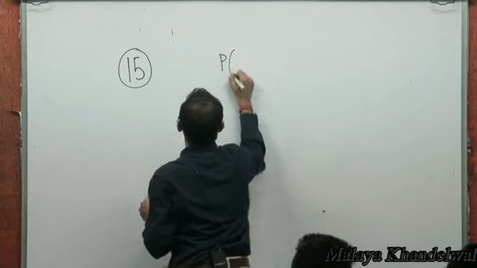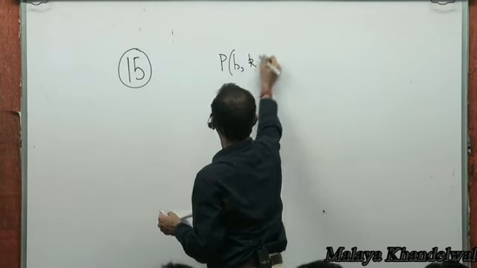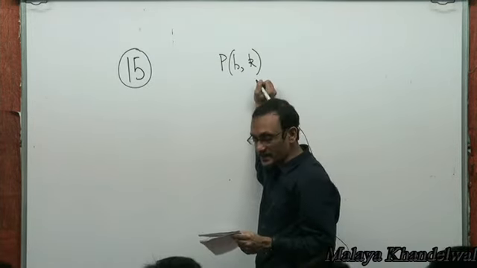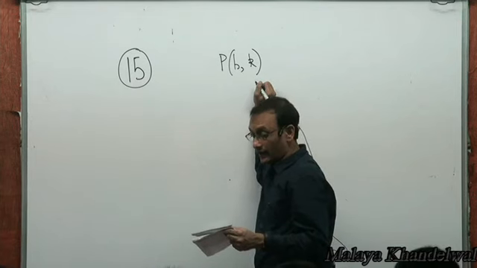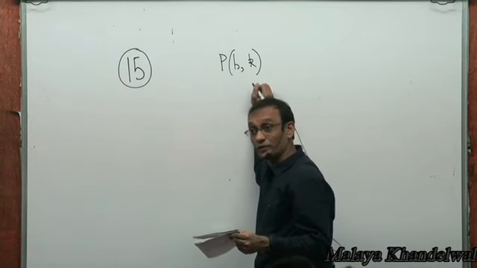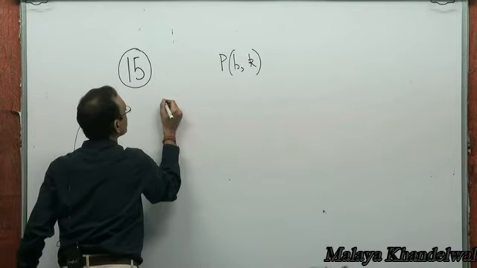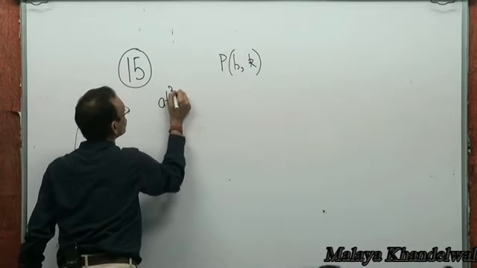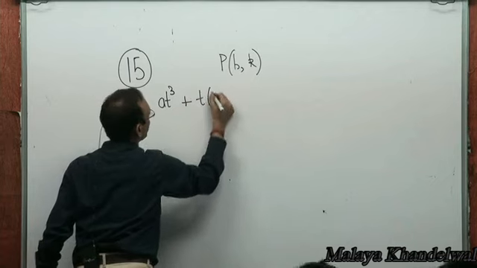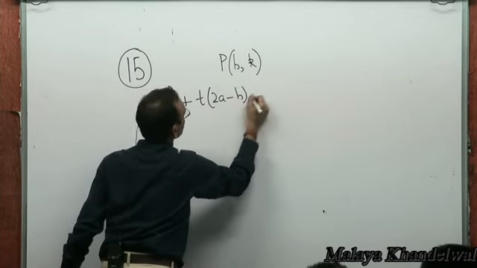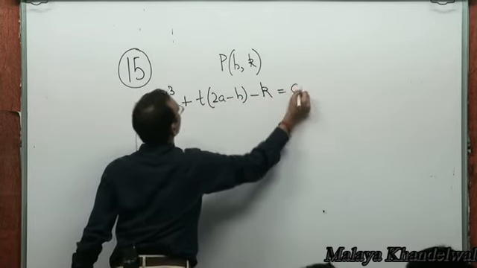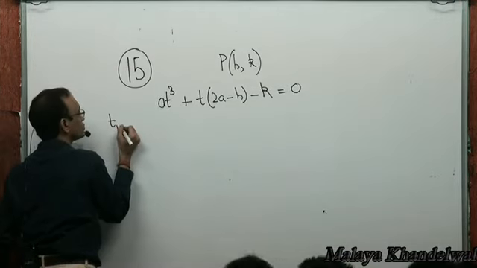Say the moving point is h comma k. The feet of the three normals drawn from h,k to the parabola will be given by at cubed plus t into (2a minus h) minus k is 0. This will give me the feet of the normals drawn from h,k to the parabola.